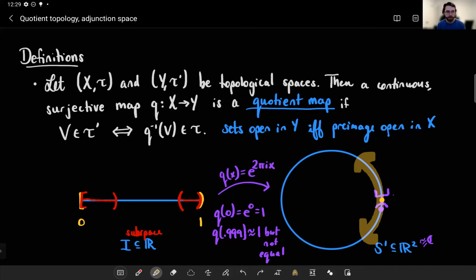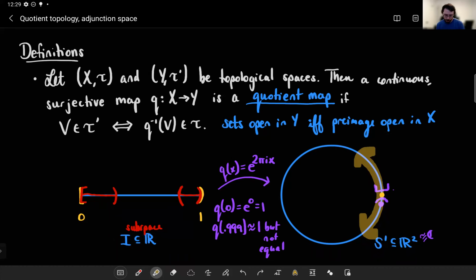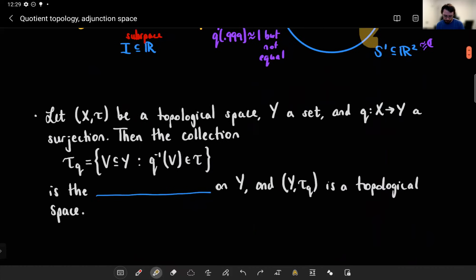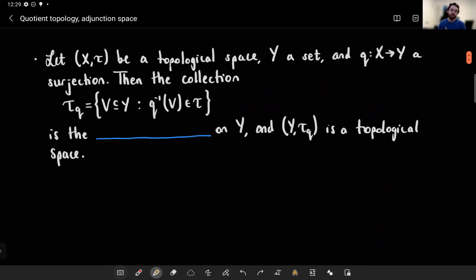But more often than not, we won't talk just about quotient maps. We'll talk about quotient topologies and quotient spaces. And so let's introduce a new definition. If you're given a topological space, and now instead of thinking about Y as a topological space, we'll just think about it as a set with no inherent topology, at least not yet.